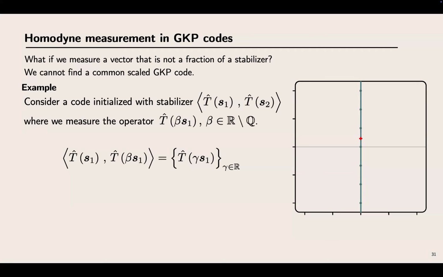Because if we stay in the first code, we are actually measuring something that is outside of the code, so we cannot understand how it evolves or what is happening on the code. So we need to imagine these bigger codes that we go through to find what happens. We never actually have the states there, but it tells you how to understand this evolution through the code, if it makes sense.